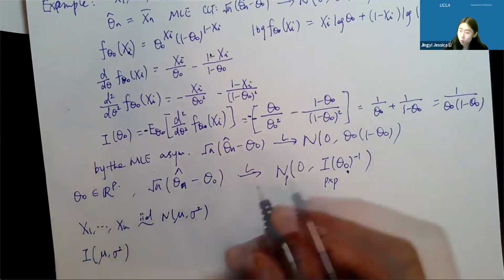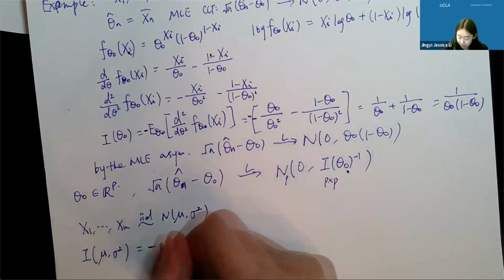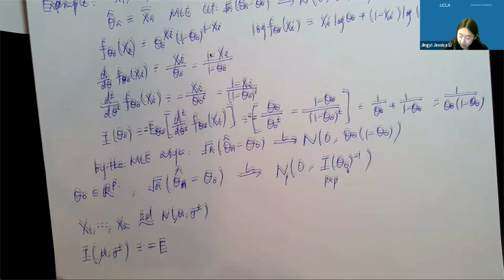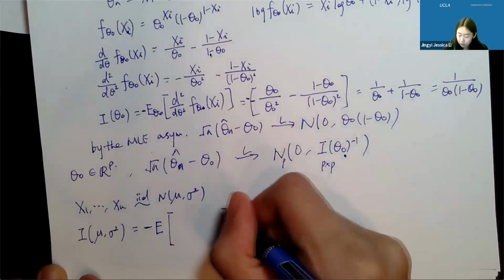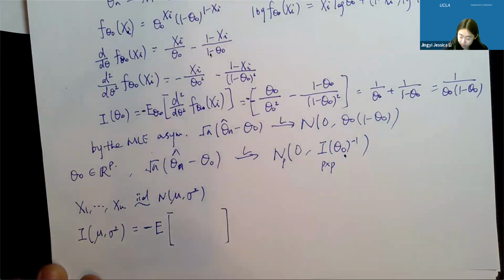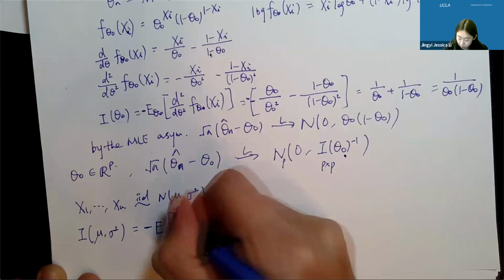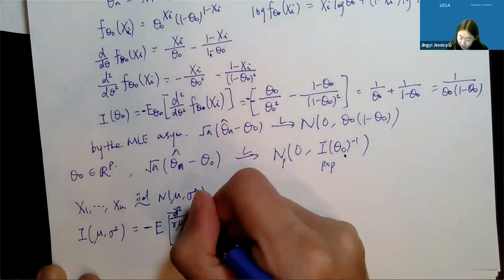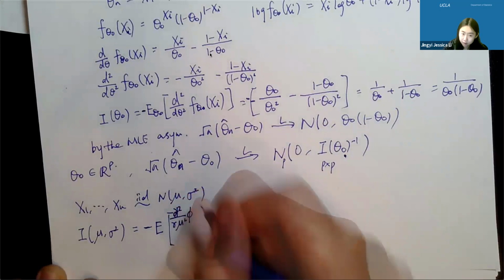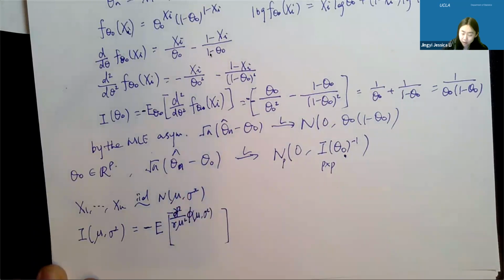And then you are going to take the expectation of the negative of what we call the Hessian matrix. Basically, you have the second partial derivative with respect to mu squared, and you will have the normal density, which I'll just write as phi mu sigma squared.